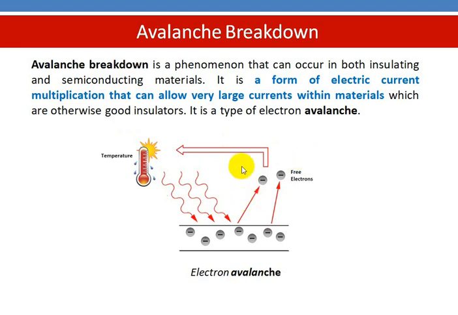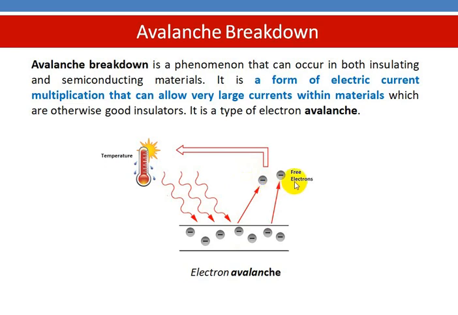Suppose the temperature of the material increases. What will happen is that electrons will be liberated, so free electrons will be created because of the increase in temperature. The electrons gain energy and try to move from the valence band to the conduction band. These electrons are called free electrons.